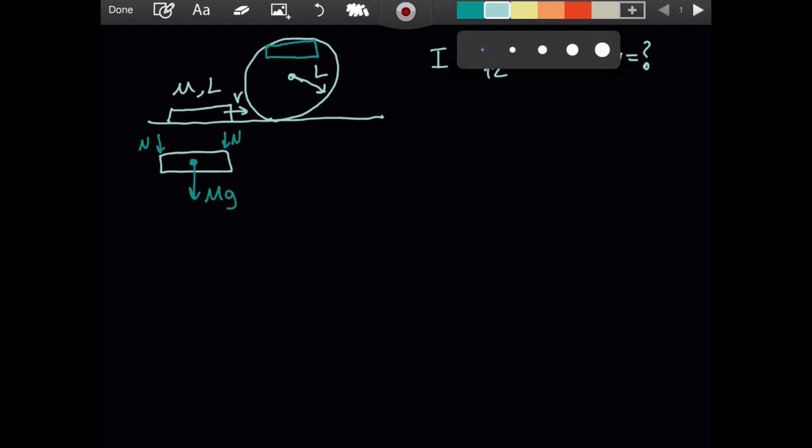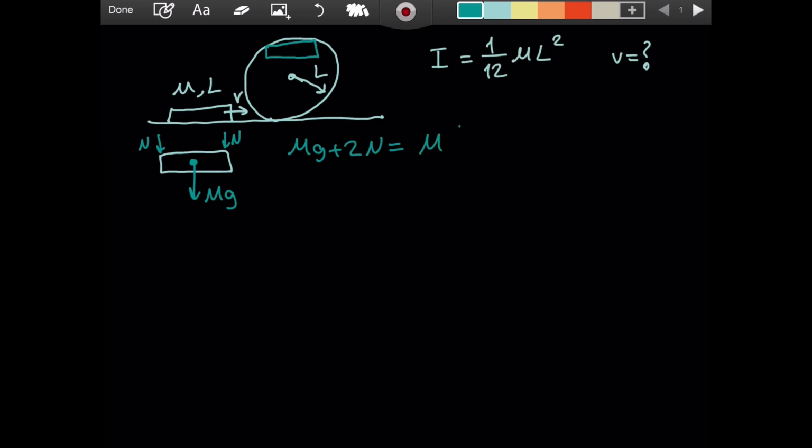Now, with this idea, we can write the force equation. I'm taking downwards as the positive direction for this force calculation, so we can say that mg plus 2N is equal to the net force, which at the top is going to be m v squared over r.